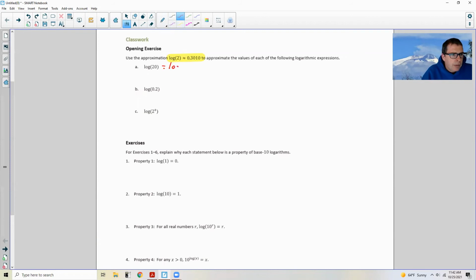So this is going to equal the log of, and how do I represent 20 using a 2? Well, it's 2 times 10. Or let me put the 10 first. So 20 is 10 times 2. And from our previous lesson, when we have products here, we know that we add them.